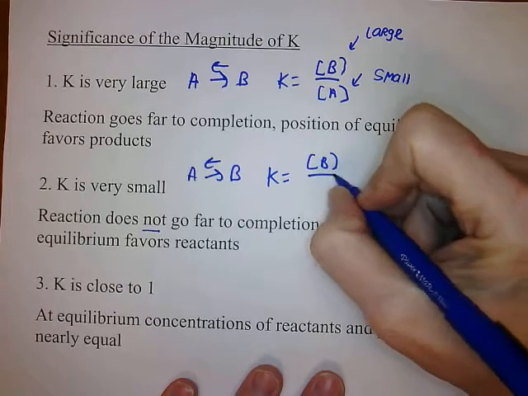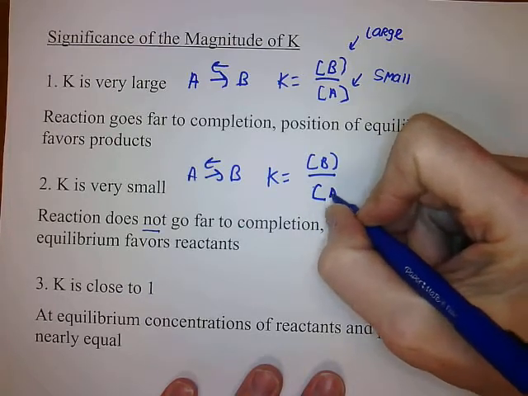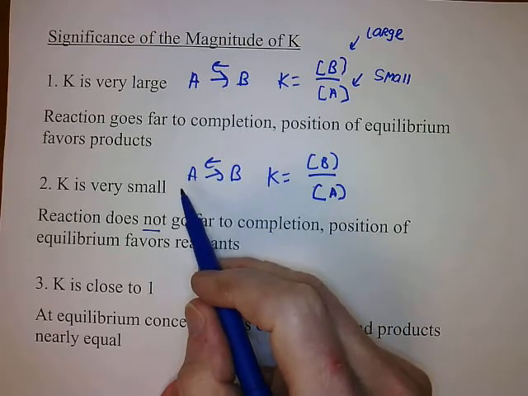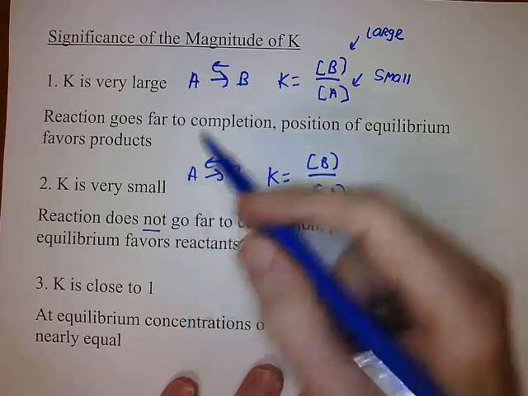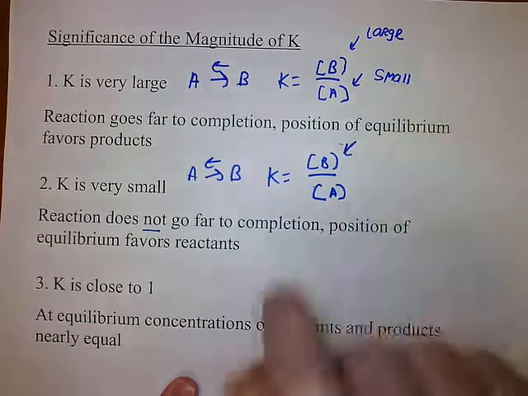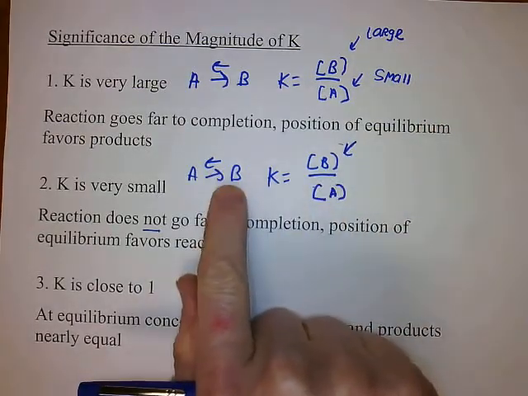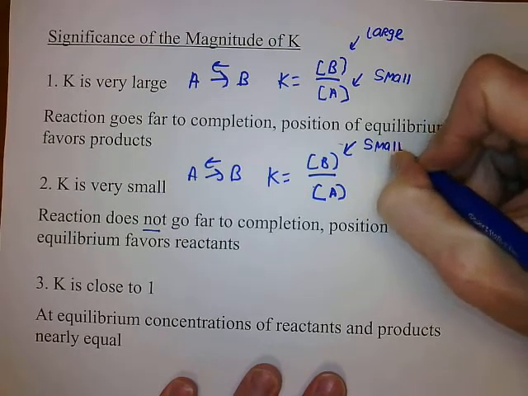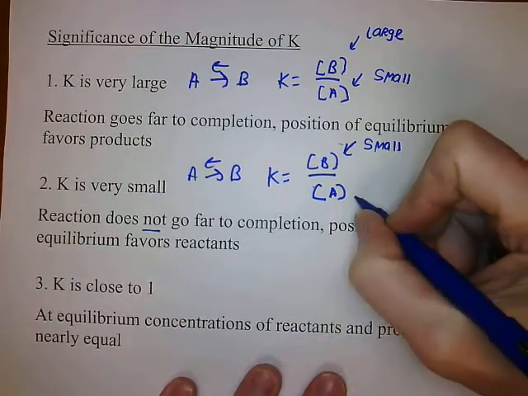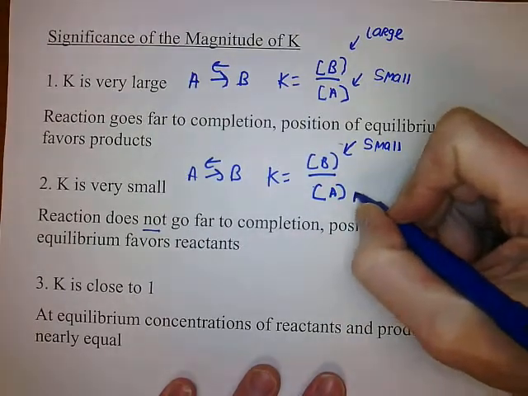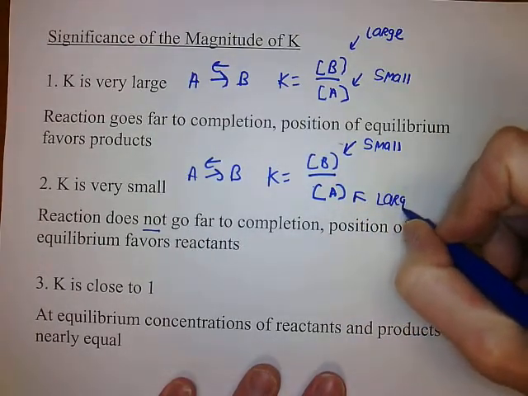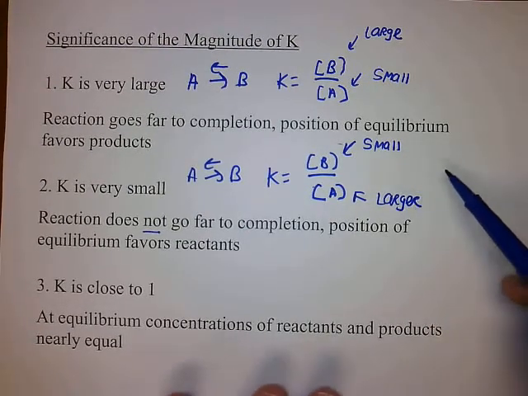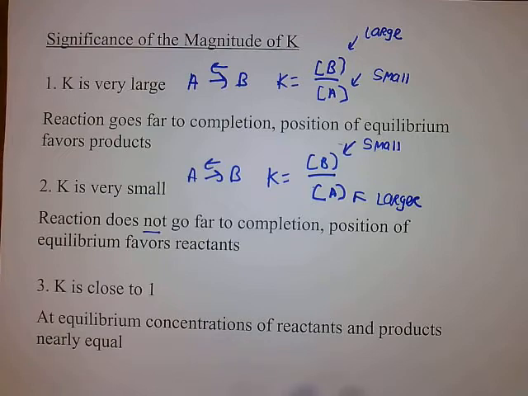Now, if this reaction lies to the left, it's mostly over here, then the concentration of the product will be small, and the concentration of the reactant A will be larger.